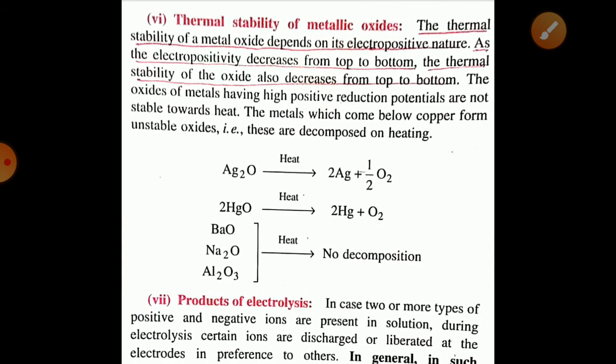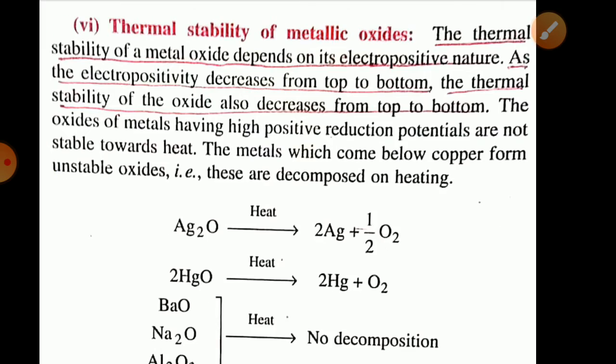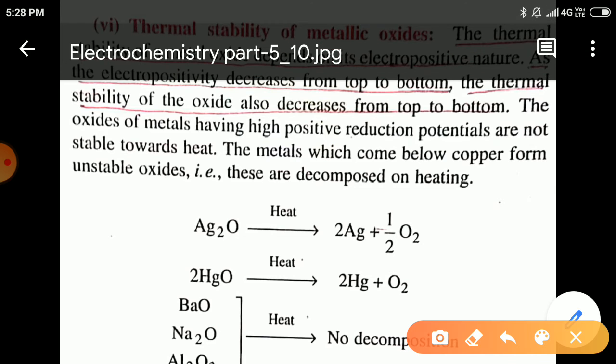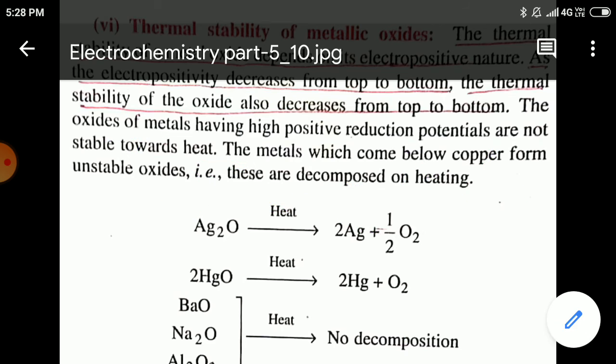Now next application, thermal stability of metallic oxide. The thermal stability of a metallic oxide depends upon its positive nature. Means thermal stability is directly proportional to electropositivity. Means if the element is much more electropositive, having the frequent tendency to lose electrons, it has a higher value of thermal stability.